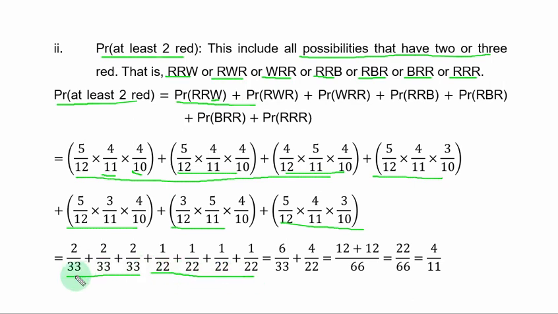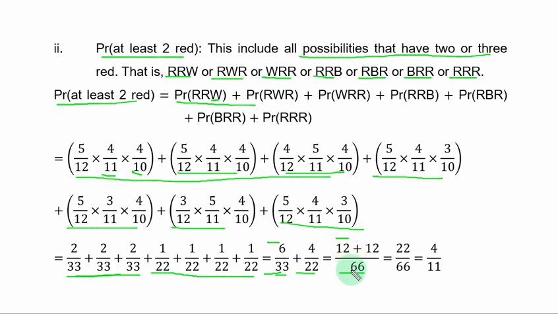So the first 3 fractions add up to 6 over 33 plus the last 4 fractions add up to 4 over 22. The LCM is 66. Divide it by 33, you have 2. 2 times 6 is 12.